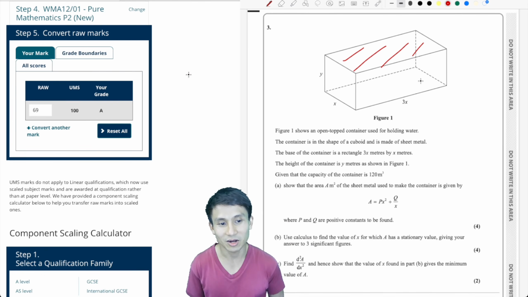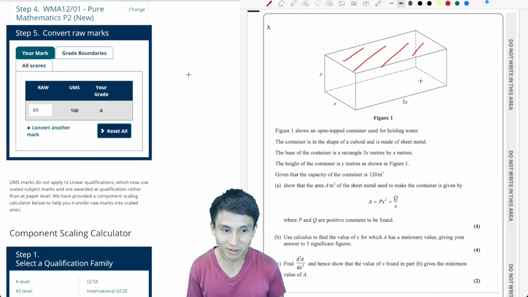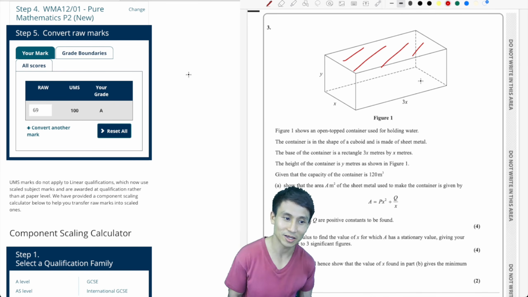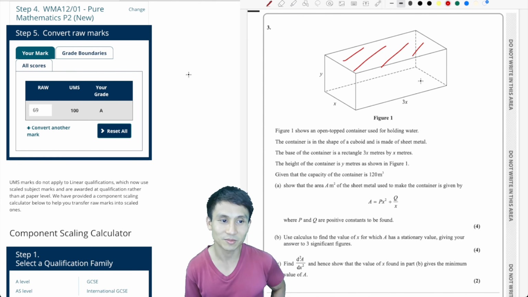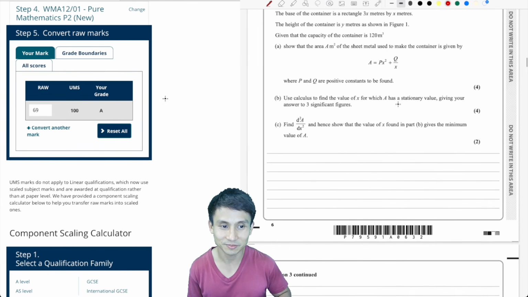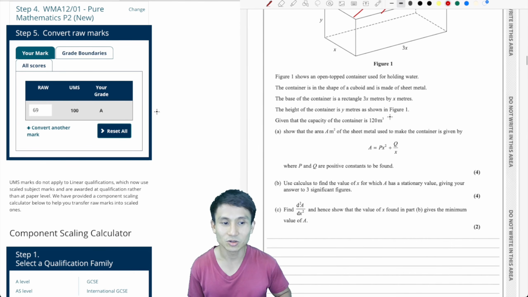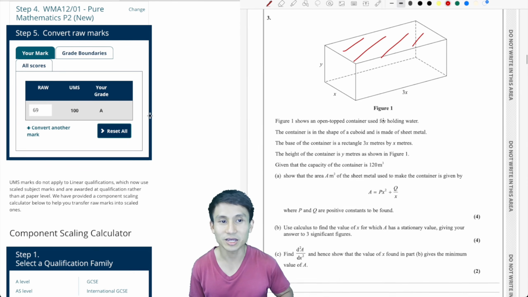So I don't know, maybe they give it to you. But here we go. A is the area of the sheet metal used to make the container. Still managed to get the marks. Yeah, so this is a straight differentiation question in P2.